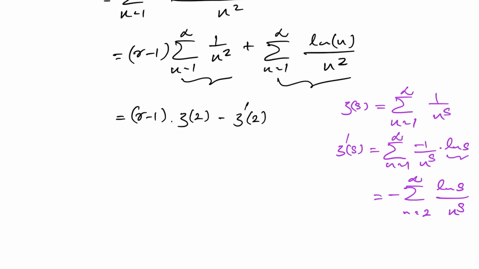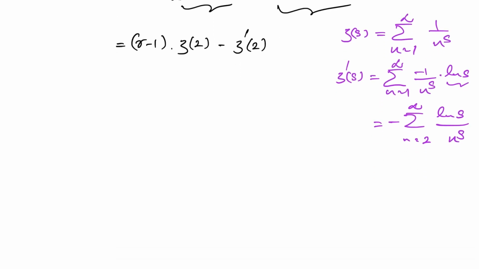Okay, then we know another relation between zeta of 2 and zeta dash of 2. We know zeta dash of 2 is equal to zeta of 2 times gamma plus natural log of 2 pi minus 12 times natural log of A. Here capital A is the Glaisher-Kinkelin constant.